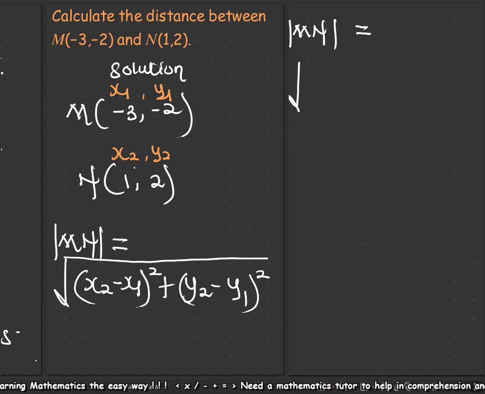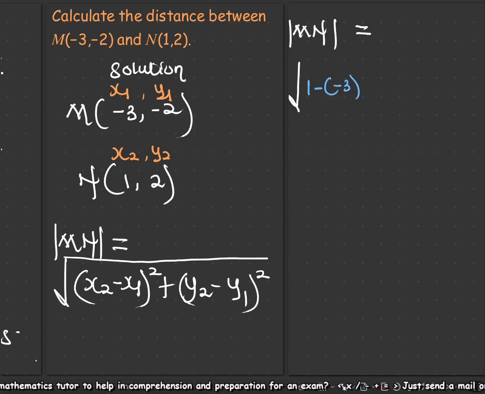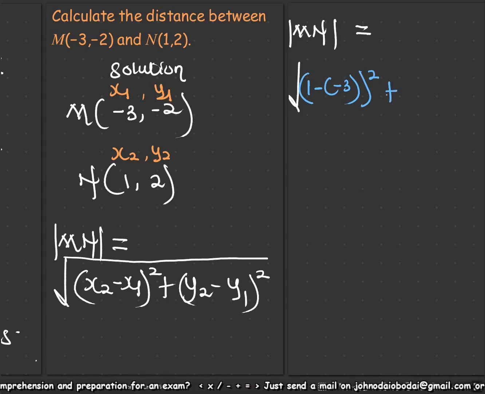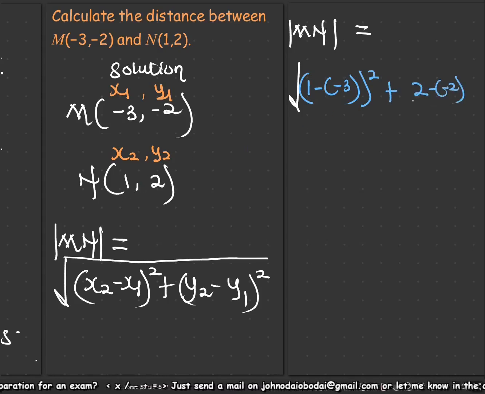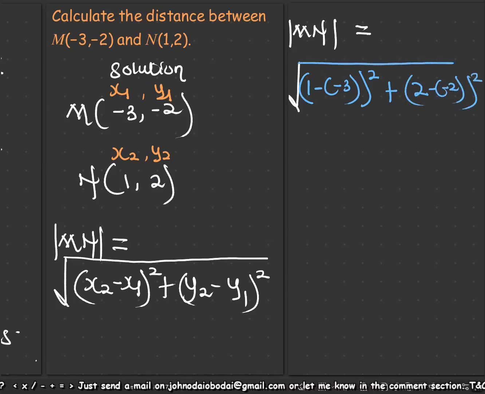So that is 1 minus negative 3. So take note of your integers you are going to work with. And remember, we are supposed to square this again. Plus your 2 minus negative 2. And you are supposed to square that also as well.